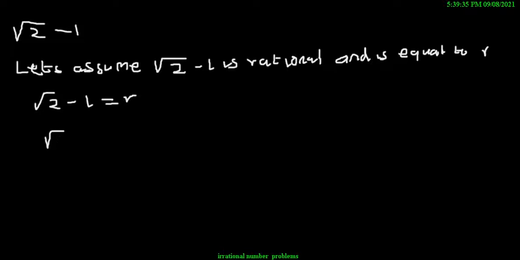So we take the -1 to the other side, making r plus 1, and in this case we say that addition is closed. This implies that r plus 1 is rational. This side is rational.